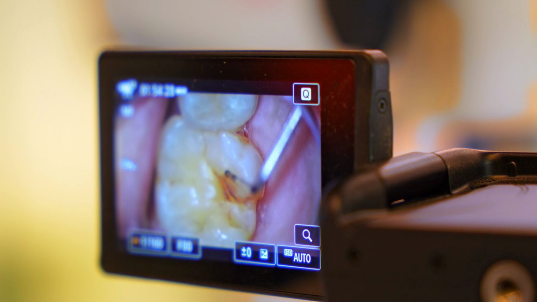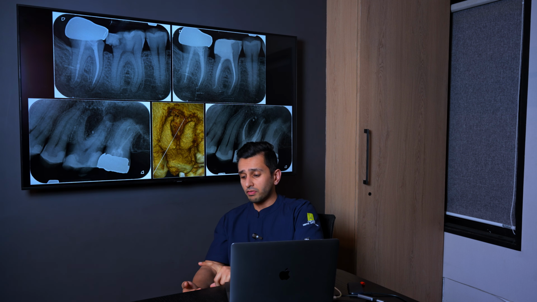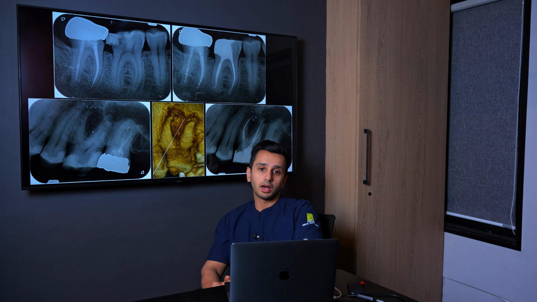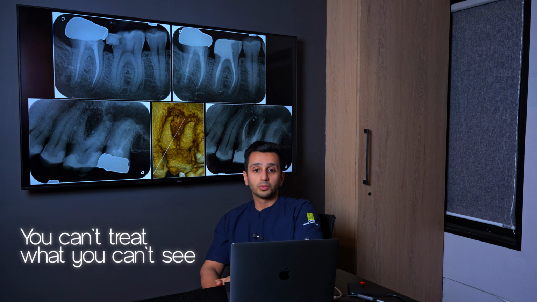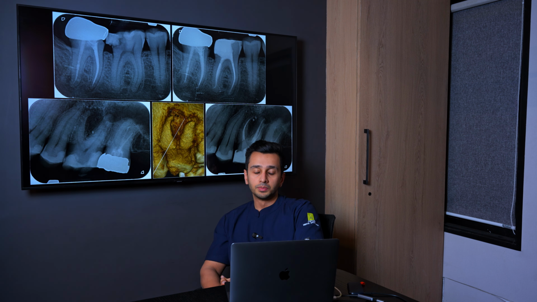It helps in finding extra canals that may be very difficult to locate, missed anatomy, or complex anatomy, or also things like taking out decay that may be hidden in corners that may tend to grow over time and cause more breakdown of your teeth. So there are many benefits of using magnification in everyday treatment. Because it's a known fact, you can't treat what you can't see, and anything without that, for me personally, is a blind treatment. If you can't see something, you can't treat it. So that, my friend, is what a microscope is.